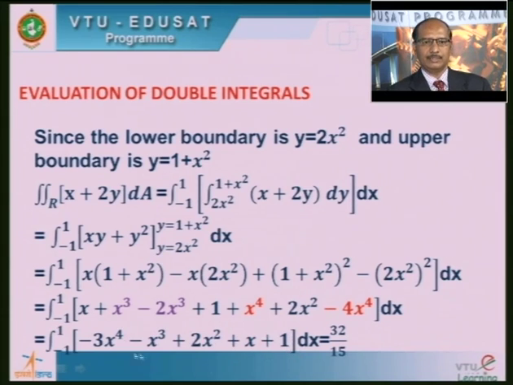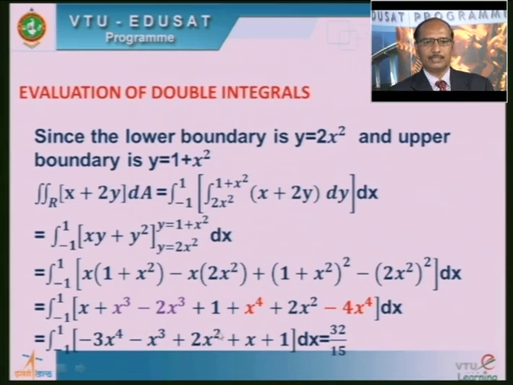After the simplification, you do again the integration with respect to x. So, minus 3 into x raised to 4 integration is x raised to 5 upon 5, minus x raised to 4 upon 4, this integration you know that. Then 2 into x square is 2 into x raised to 3 upon 3, plus x integration is x square by 2, plus x. Then put the limits minus 1 to plus 1.